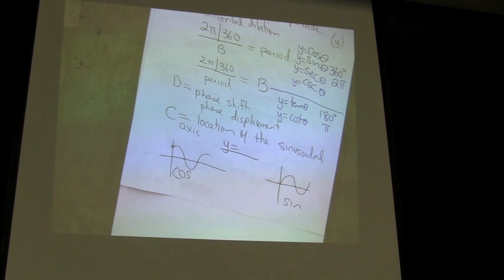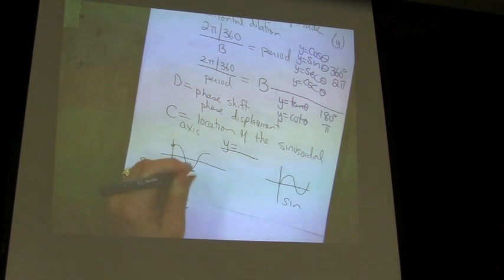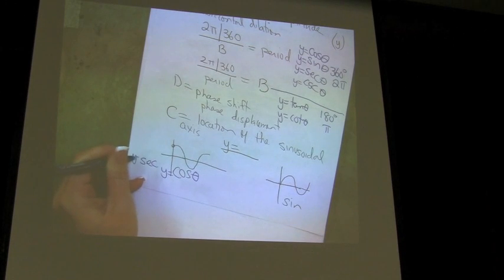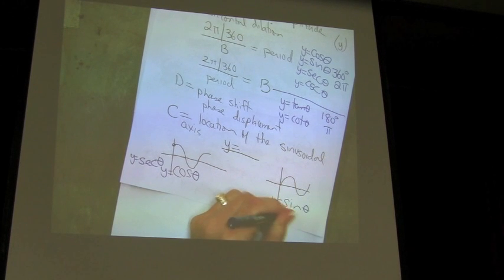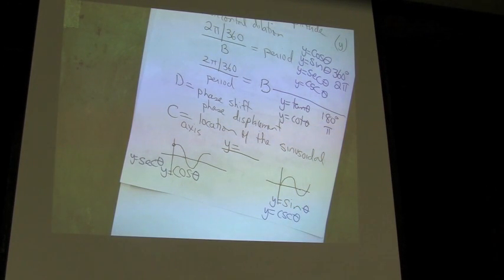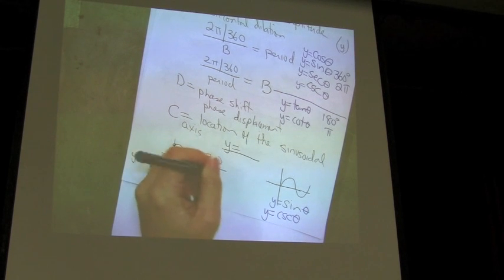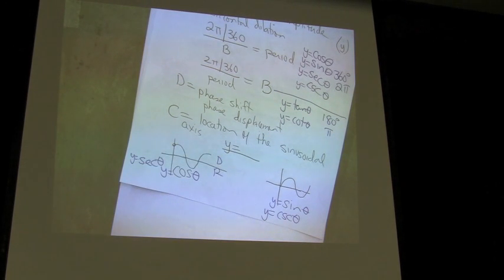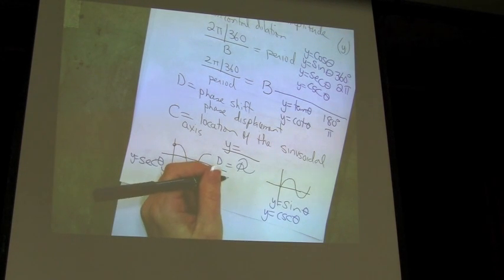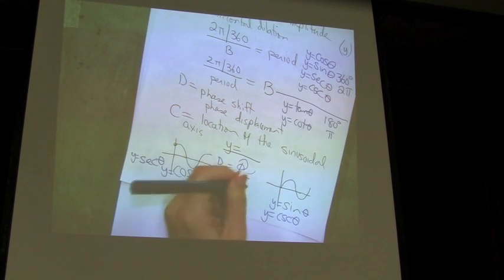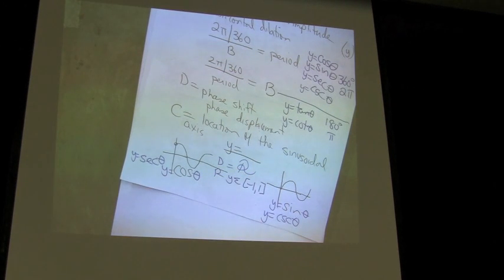We used the graph of cosine and sine to help us graph what? We used it to help us graph secant, y equals secant theta, and to help us graph y equals cosecant theta. By the way, what's the domain and range of both y equals cosine theta and y equals sine theta? The domain is all real numbers, and the range is y as an element from -1 to 1.